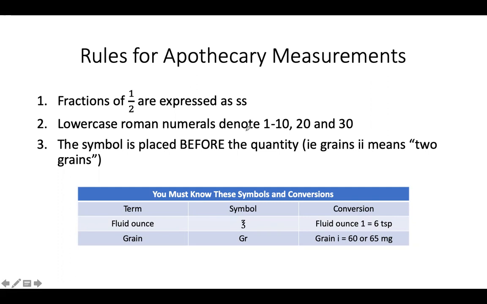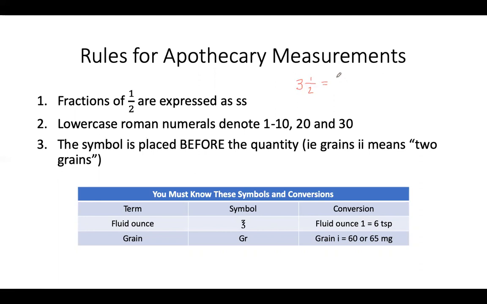The first is that any fractions of 1/2 are expressed as lowercase ss. Lowercase Roman numerals denote numbers 1 through 10, 20, and 30. So for example, if you had a medication that was 3 1/2 grains, this is the standard way of writing it.